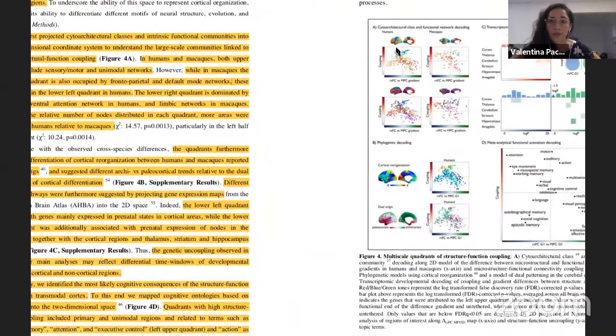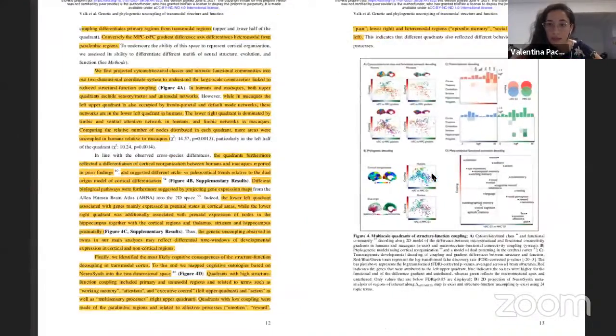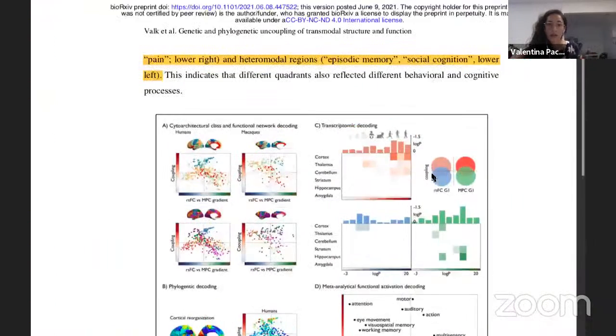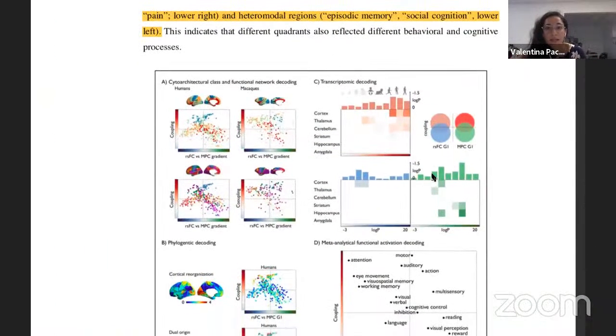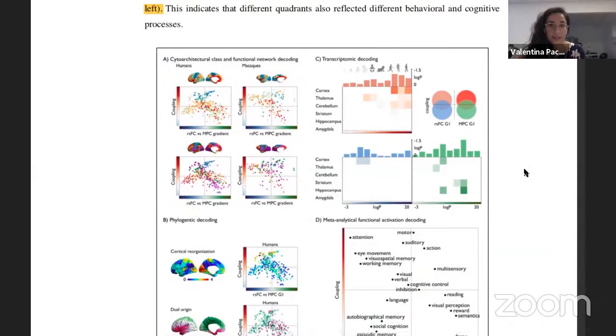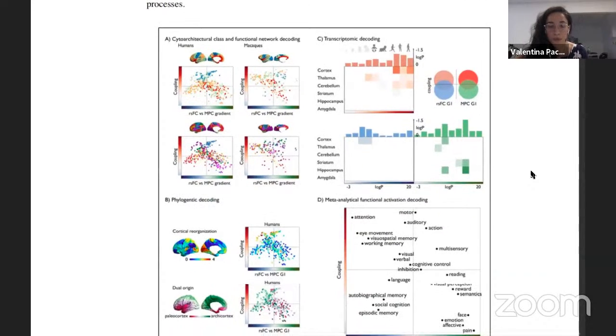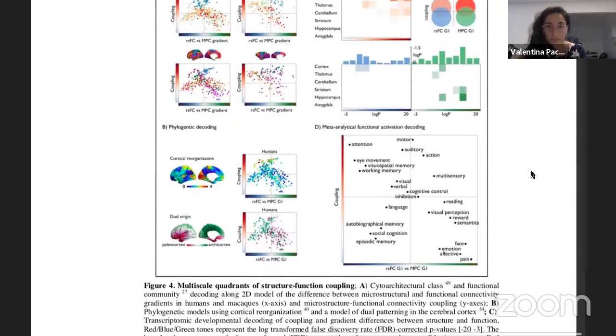And they looked also at the prenatal and postnatal organization, and they see that there is a trend that goes from the hippocampus and thalamus and amygdala for the humans, and the hippocampus for the macaques.